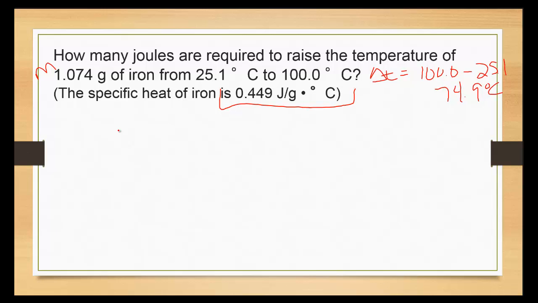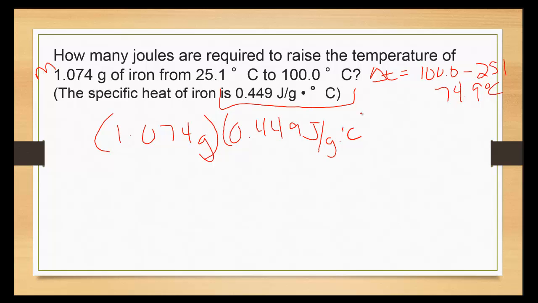So 1.074 grams times the specific heat times the change in temperature. Once again, temperature cancels, grams cancel, multiply it out, and we have 36.1 joules. We have 3 significant figures because we have 3 right there.